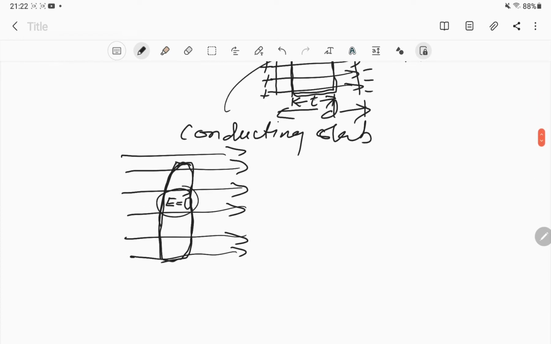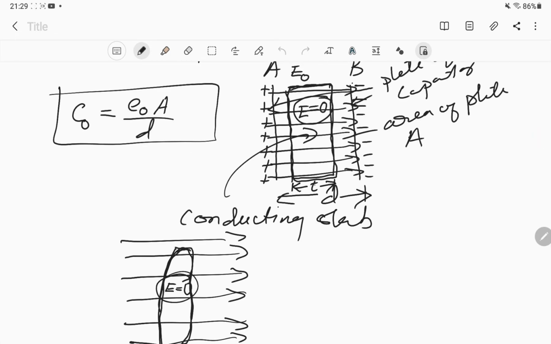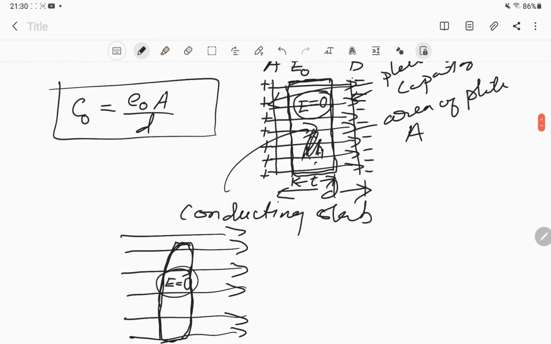Since the electric field inside the conducting slab is 0, but it is not 0 over this region, here and here.